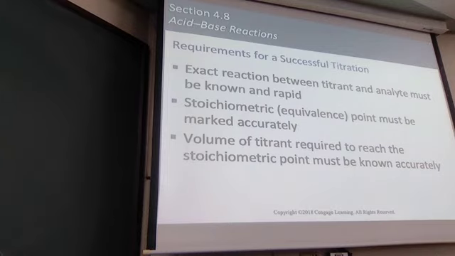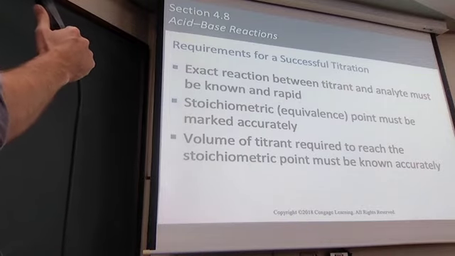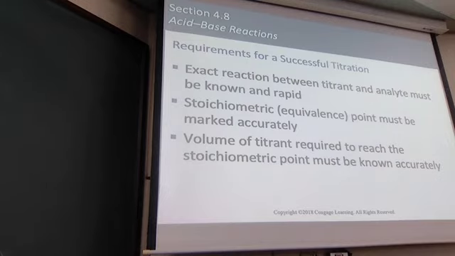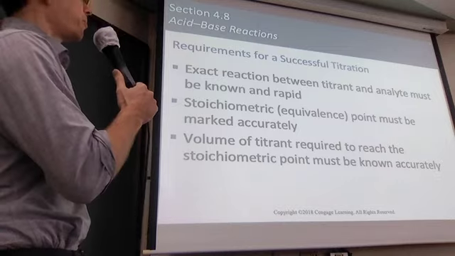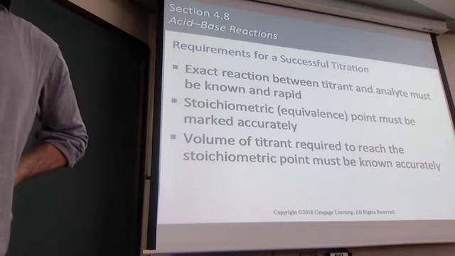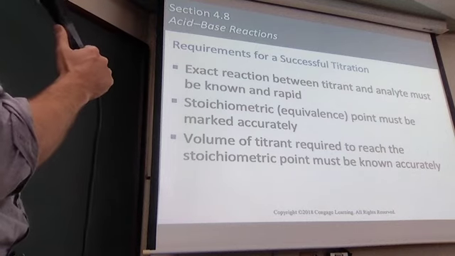So what do you need to know when you do titration? What is important? There is an exact reaction between the titrant and analyte, and you have to know that reaction. This reaction has to be rapid and complete. It's also possible that it's incomplete, but then it's more complicated and you have to know a little bit more.